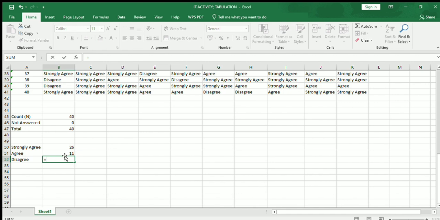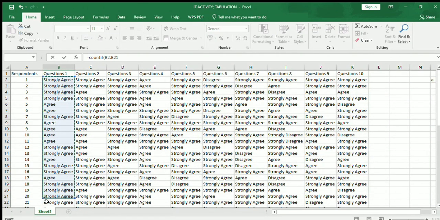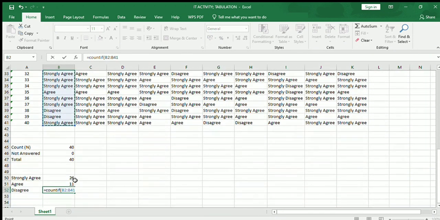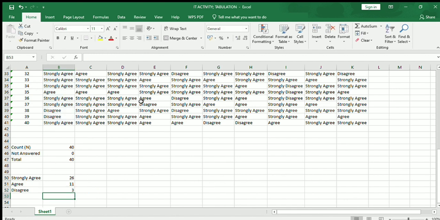So the formula is the same as the first one, equal sign COUNTIF, open parentheses, highlight 1 to 40, and then you put a comma, double quotation, write disagree, double quotation, and you enter, and then you will get the total amount of the respondents that answered disagree.